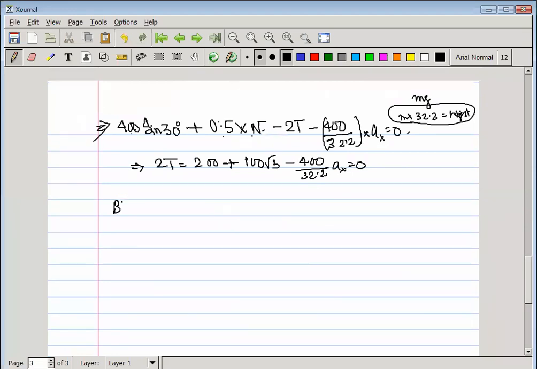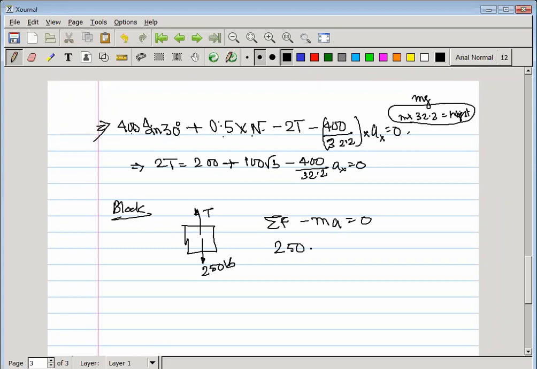Now for the block, if we consider, then that block is like this, right? And it moves in the downward direction, with weight of this amount, and it has a tension, right? That tension is how much? Here we have to write down D'Alembert's principle again. So that is summation of F minus m into acceleration. F is how much?